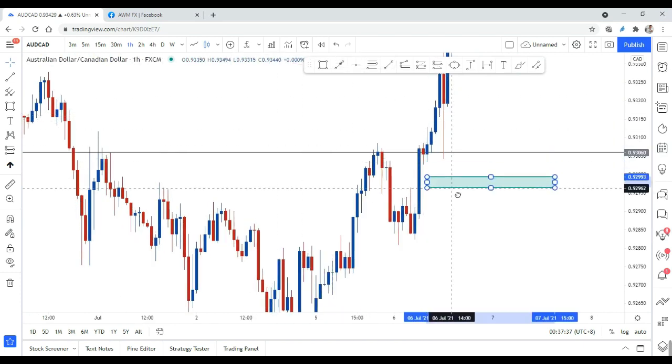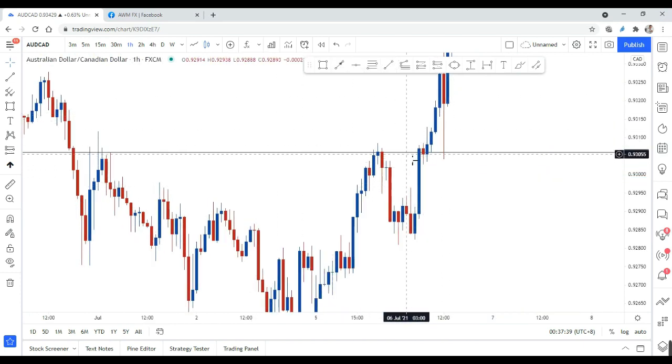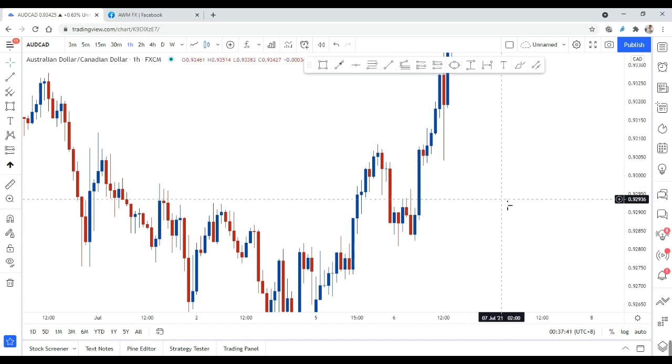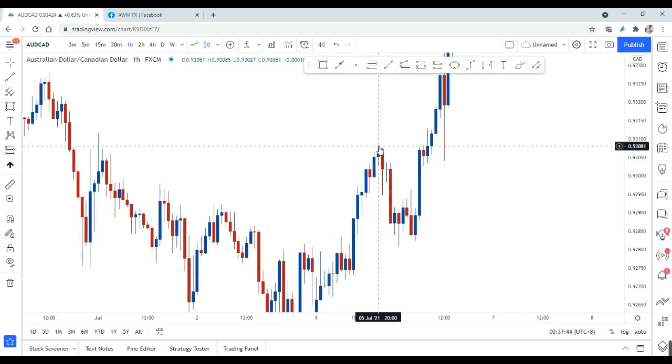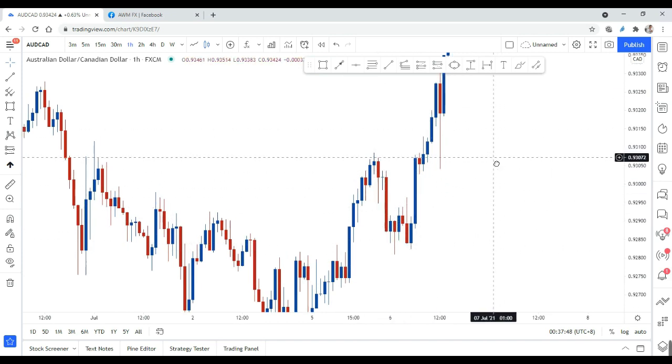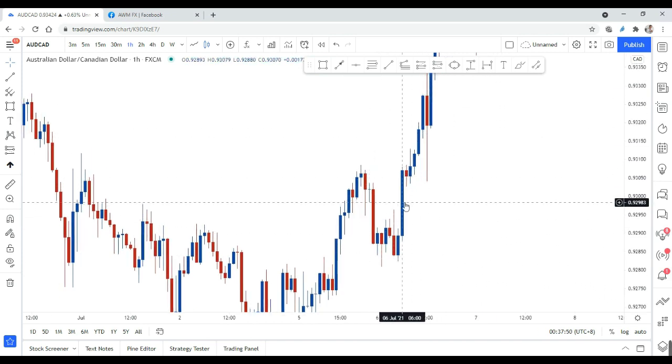So this is obvious. Let me get everything out so that you guys can see it. There is a rejection over here, drop, and then there's a clean break. During this clean break, there is a rally base rally. So this is a very good demand zone over here.